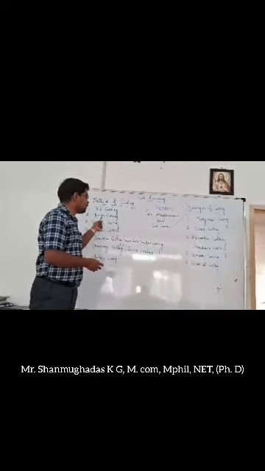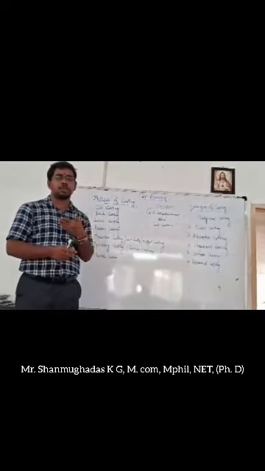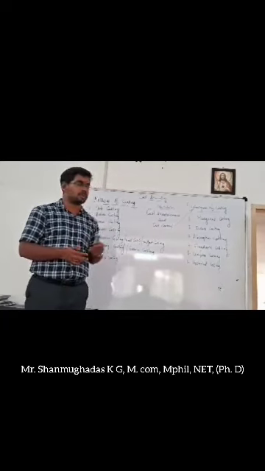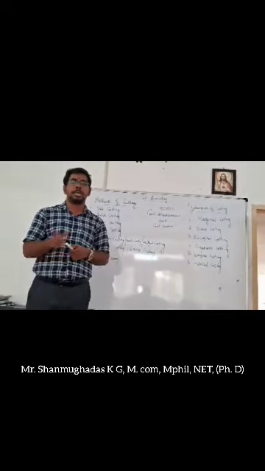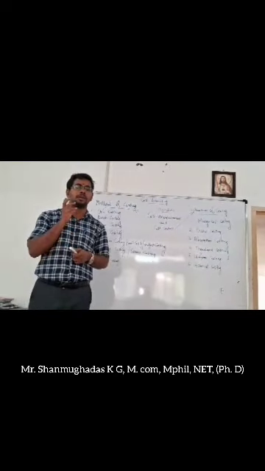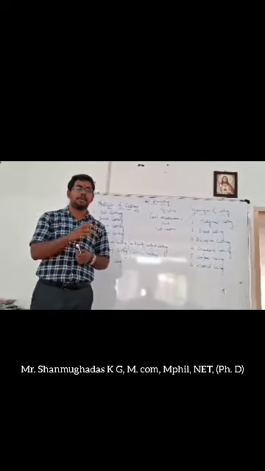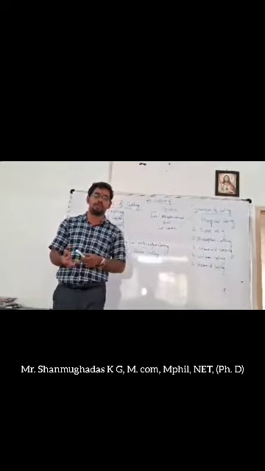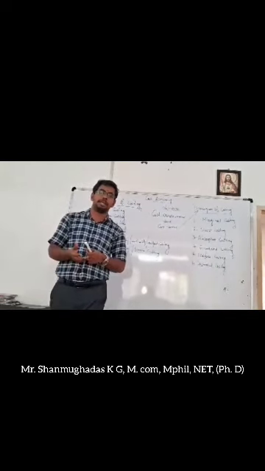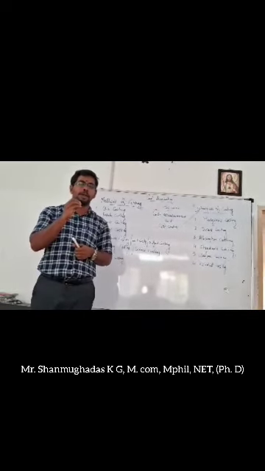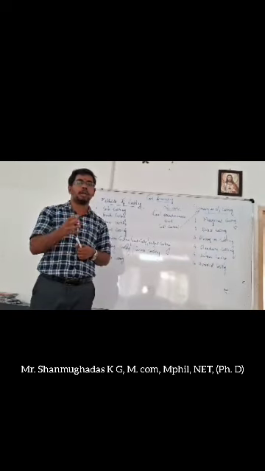Then the next one is batch costing. Batch costing is also a variant of specific order costing. Under batch costing, each batch is treated as a cost center. For example, in biscuit manufacturing companies or pharmaceutical companies, there will be different units included in a batch.